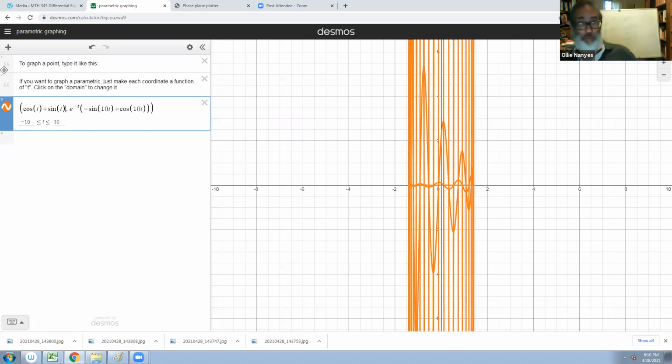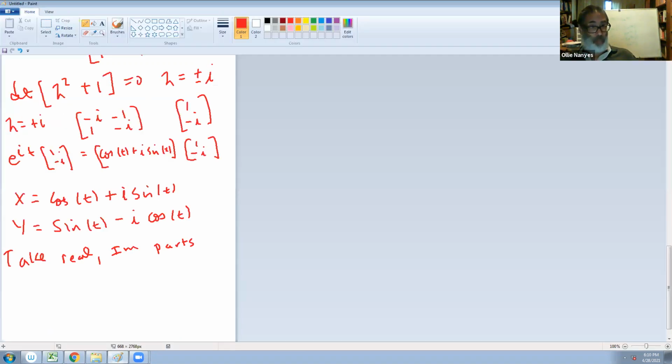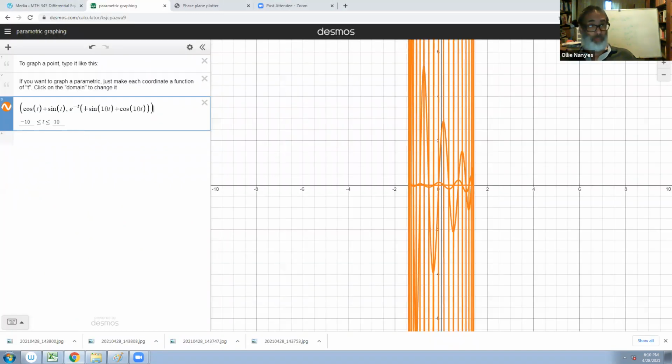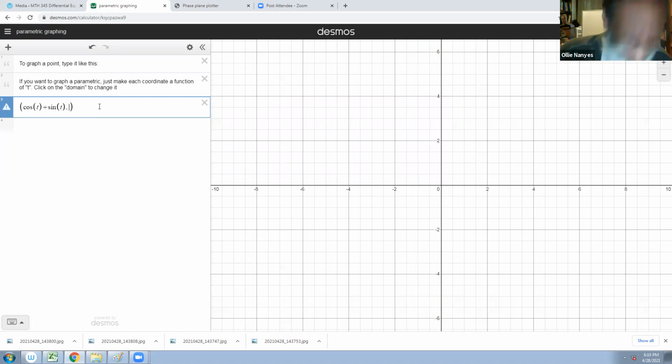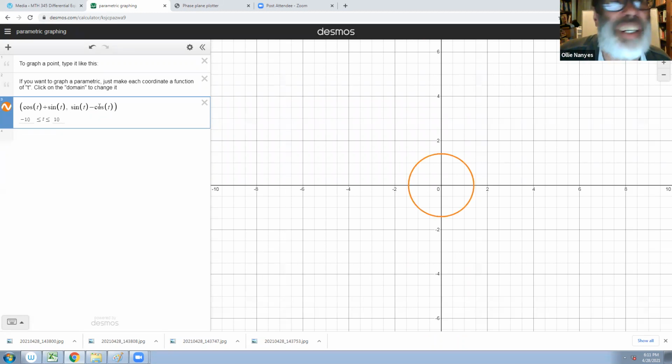And then the last part is going to be sine minus cosine. And lo and behold, you get a nice little circle like is expected. You can work this out and see why, with some trig identities.